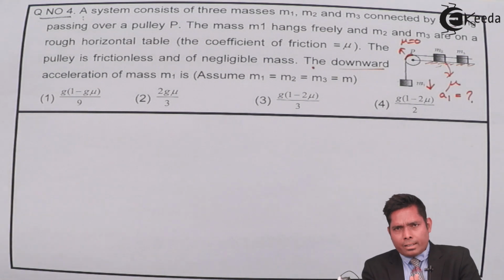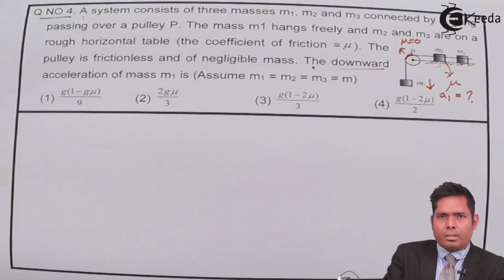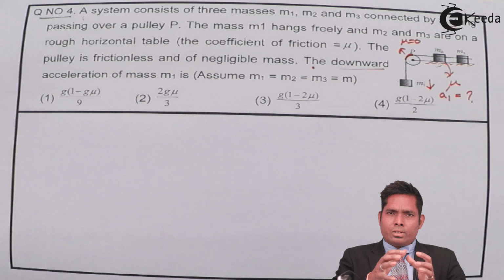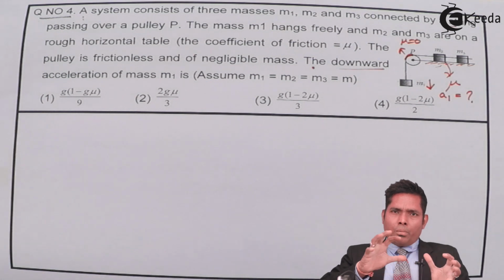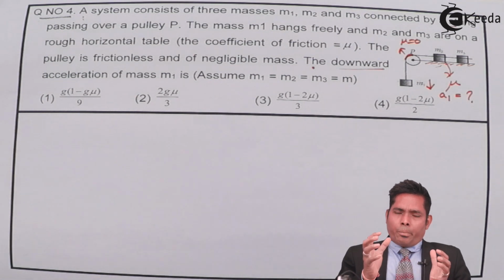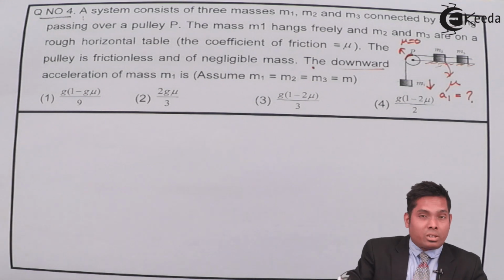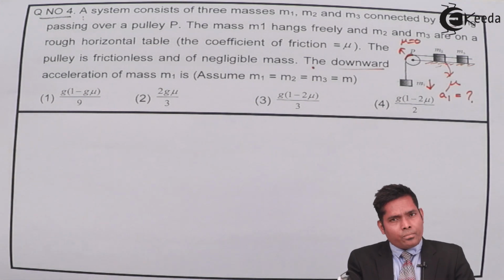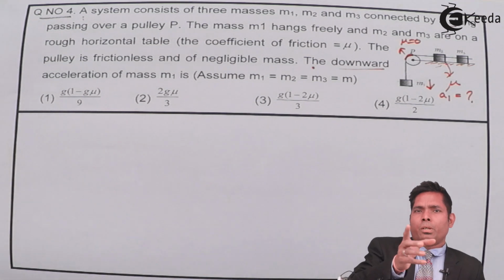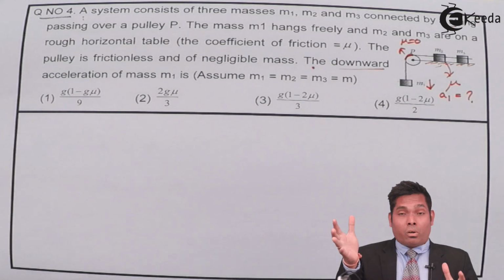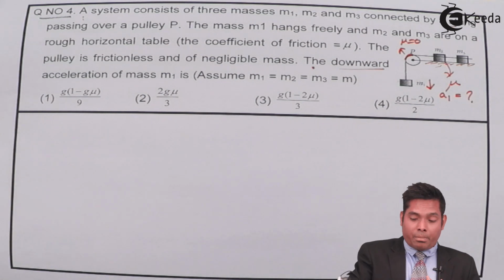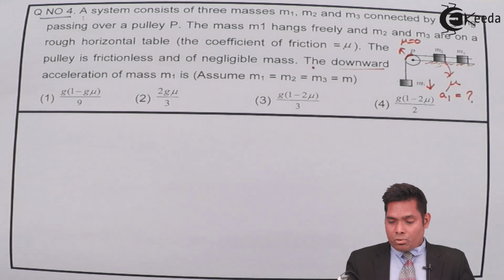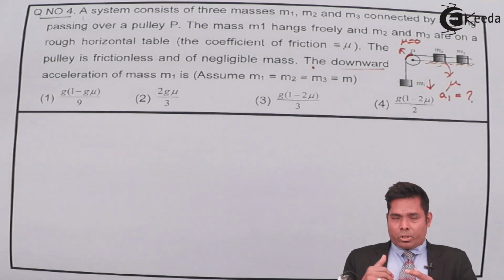What I have to say is that if this is the situation, then you can think of these three blocks, because whatever the acceleration of M1, the same acceleration will be for the M2 and M3 blocks, because they are connected by strings. The same string passes over this. This is constant motion.